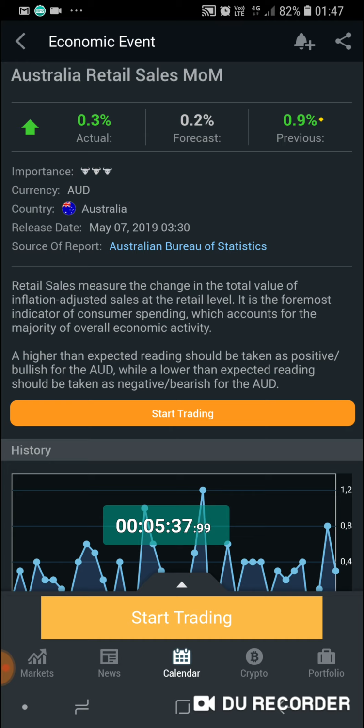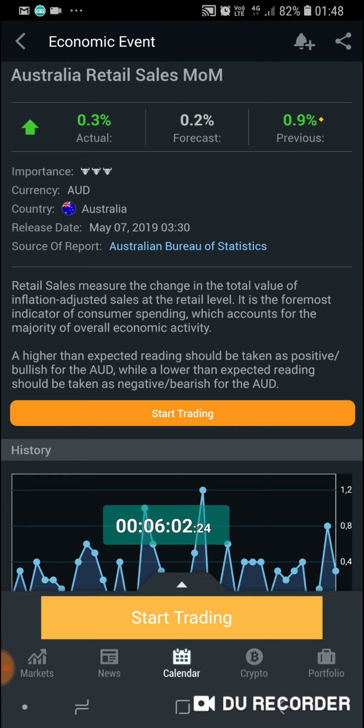And we've got a forecast. Forecast is what the economists estimate the final amount should be. So under forecast or prediction, the economists state that the data for Australian retail sales this month is going to come out as 0.2%.